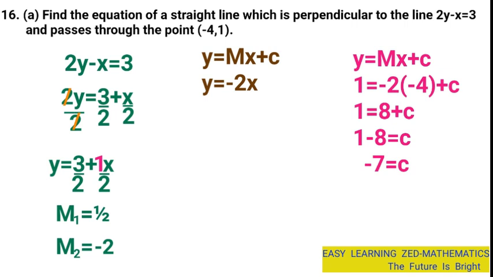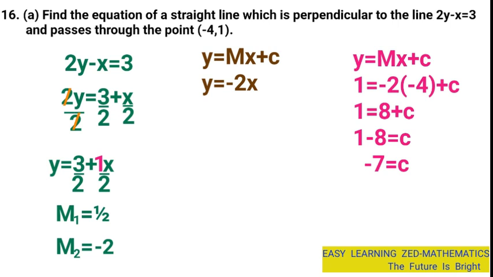Remember, these equations are going to produce a straight line. So we have managed to come up with y is equal to negative 2x, where negative 2 is coming from the second gradient, and x will remain just like that. Now we were finding the value of c, and we found it's negative 7.